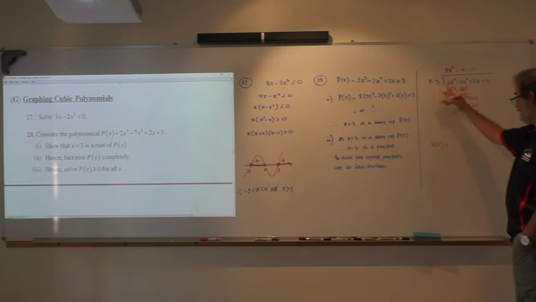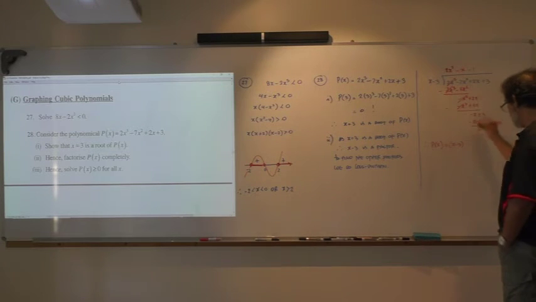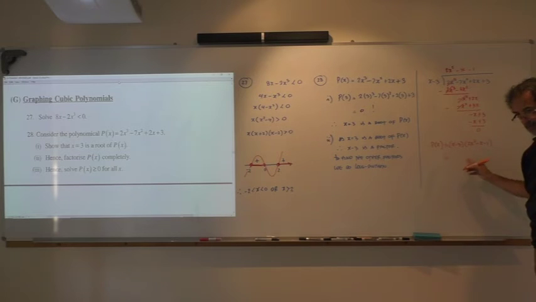Okay, so therefore my polynomial now is equal to the divisor, x minus 3, multiplied by the quotient, 2x squared minus x minus 1. And then we can possibly factorize that.